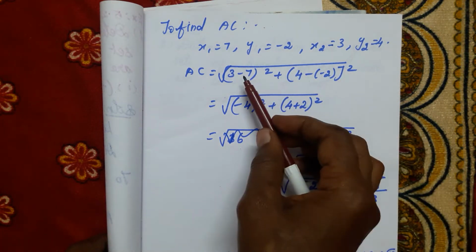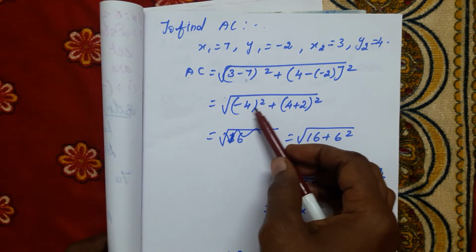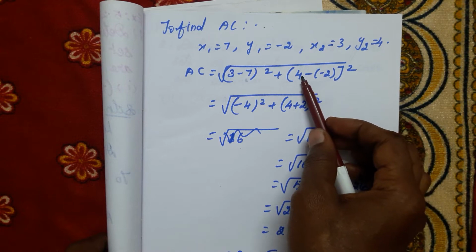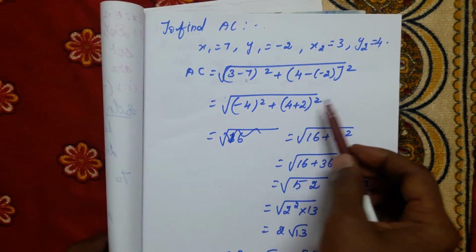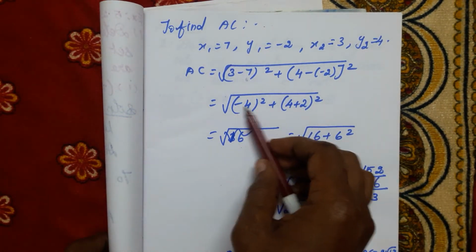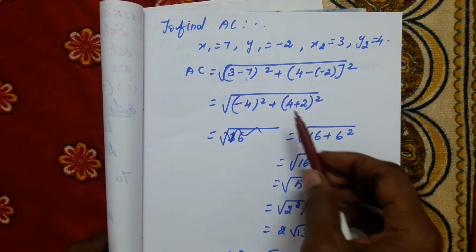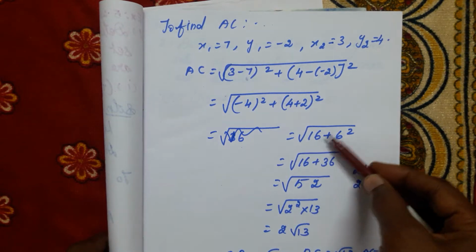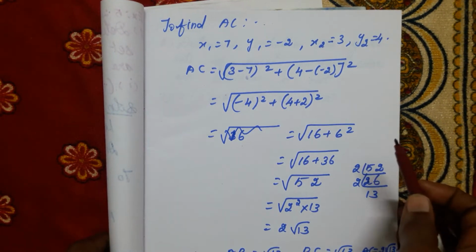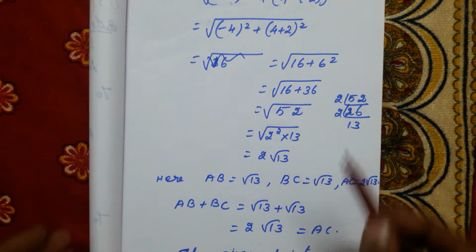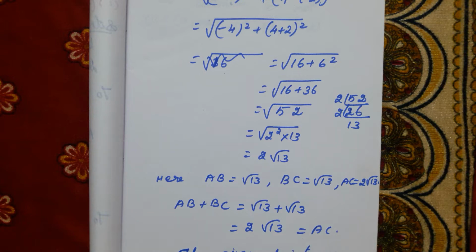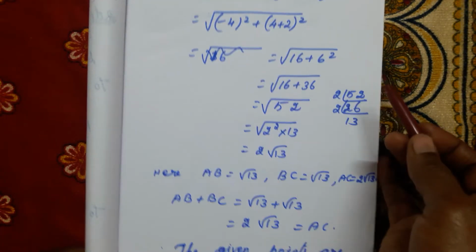So 3 minus 7 means minus 4 the whole square, plus 4 minus of minus, plus 2 the whole square. Minus 4 the whole square: minus power even number means positive only. 4 4s are 16. 16 plus 6 square is root of 16 plus 36, equal to root 52.